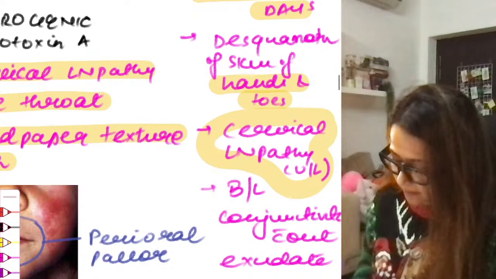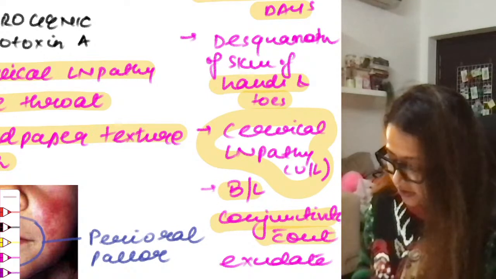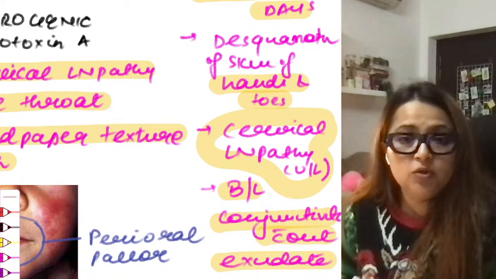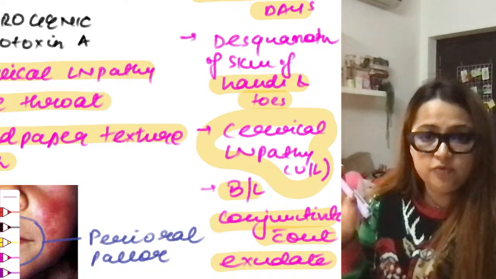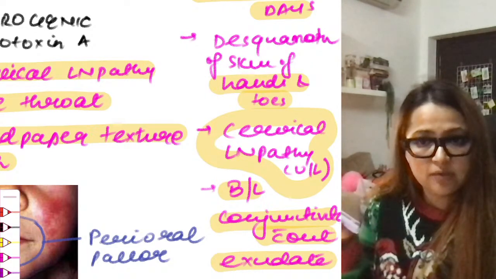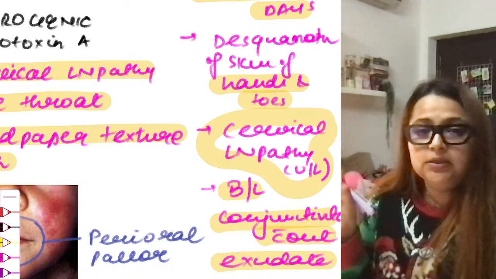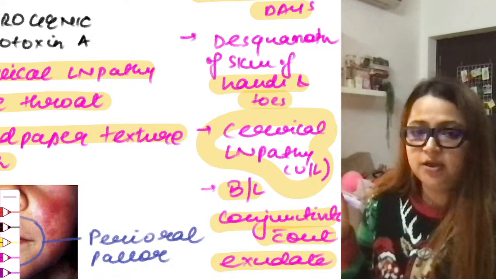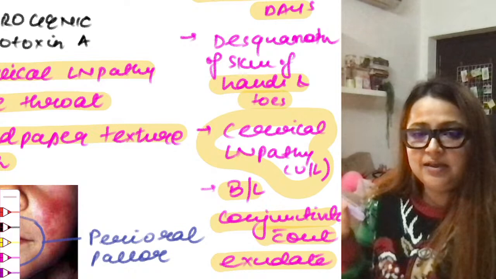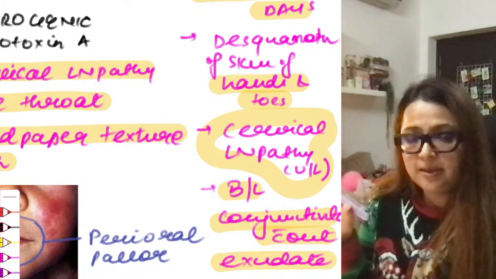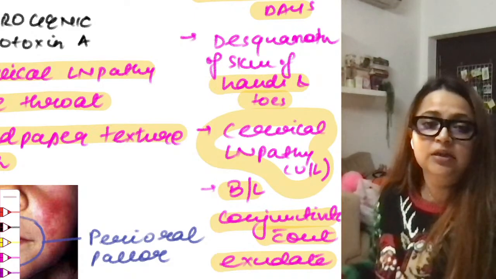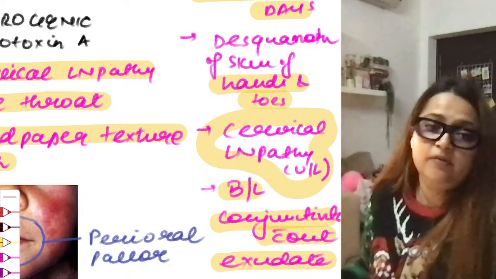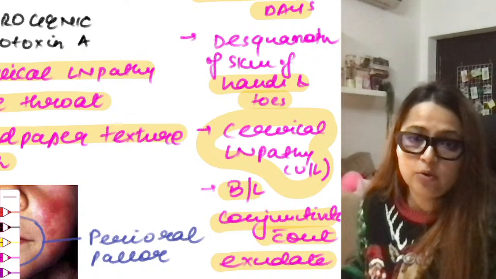Then bilateral conjunctivitis without exudate. That means the patient will have both eyes red, but there won't be any discharge from the eyes. So this is the kind of wording you have to remember in case of Kawasaki disease: bilateral conjunctivitis without exudate.